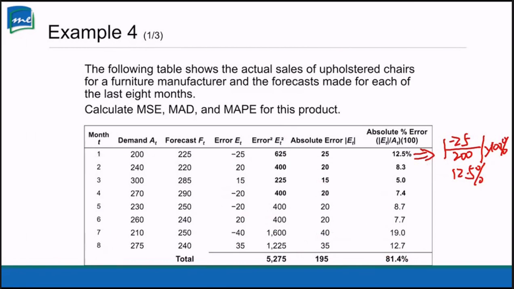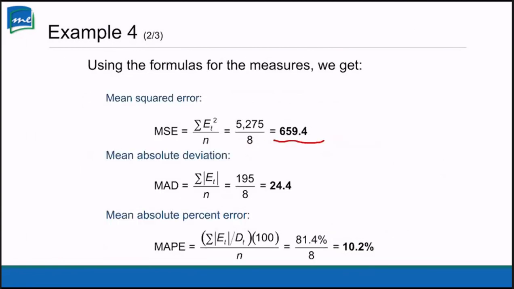So we just calculate the average over all 8 months here, and we obtain the numbers: 659.4, 24.4, and 10.2%.